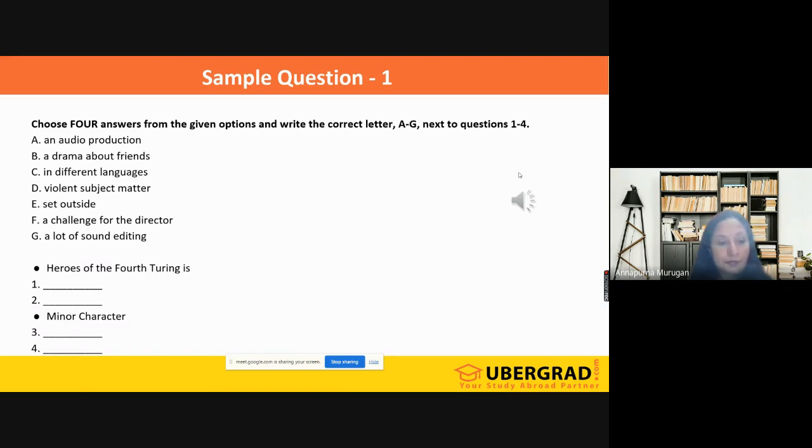That one's called Heroes of the Fourth Turning. And there's another play called Minor Character, which is actually a short play translated into 6 different languages, including a translation produced by a translation app. So very crazy. The final play then is a combination of the 6 different languages.